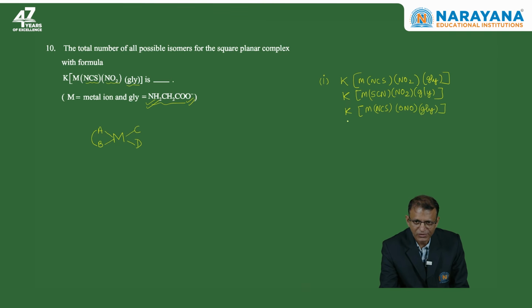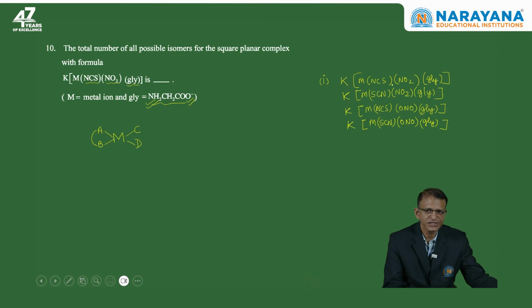Now another possibility is that if I reverse both of these, I can write that this is M, this will be SCN, then this will become ONO GLY. So there are 4 linkage isomers of this compound.